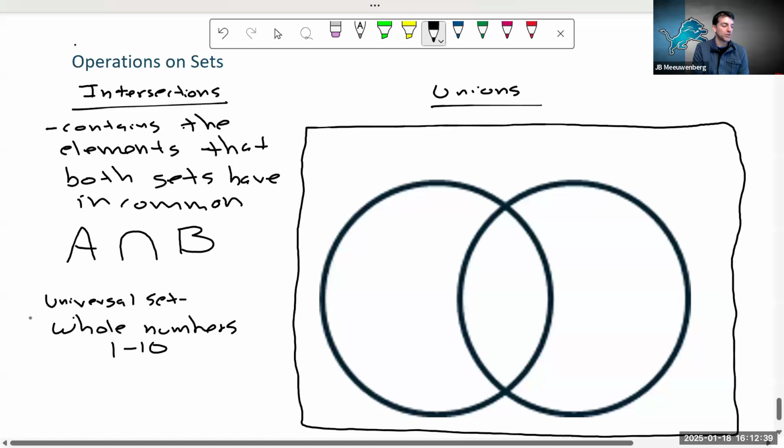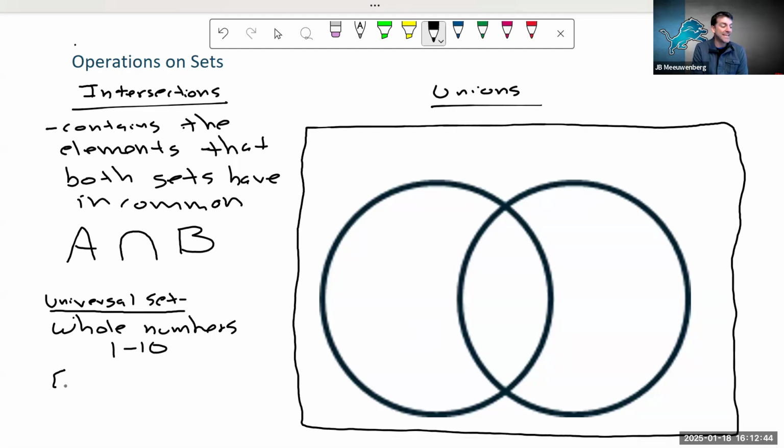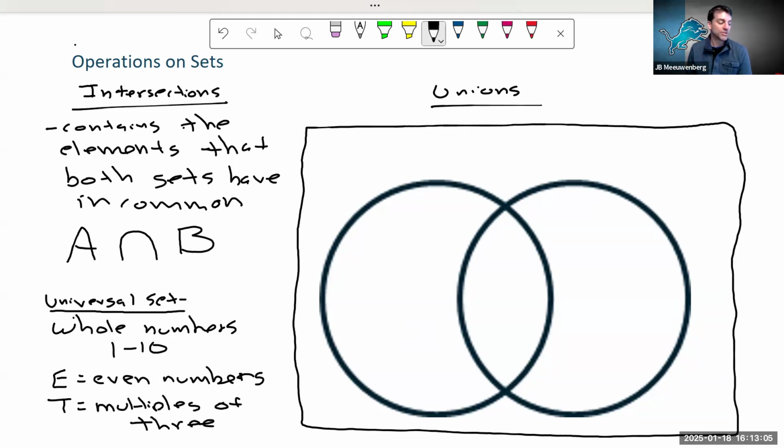So the universal set is the whole numbers 1 to 10. We will say set E is the even numbers, and set T is numbers that are multiples of 3. So I'm going to say that this is set E and this is set T.